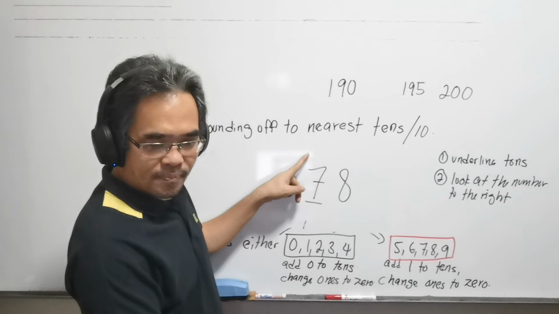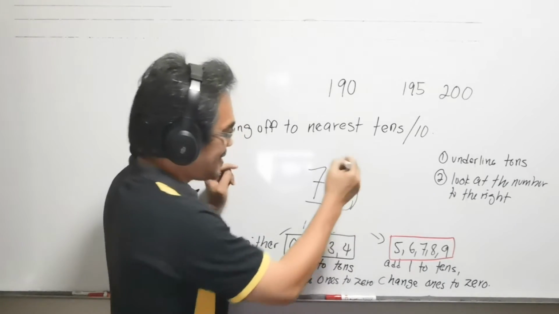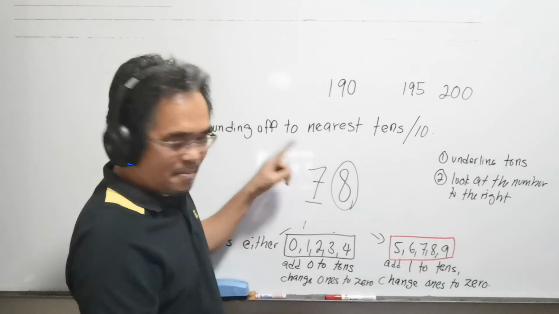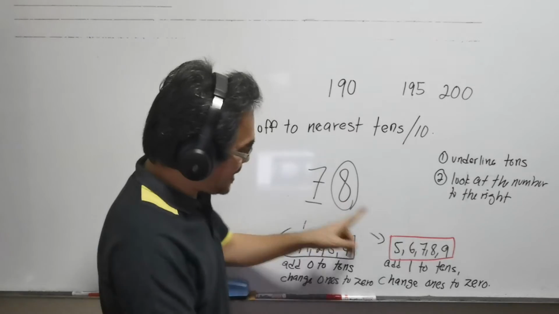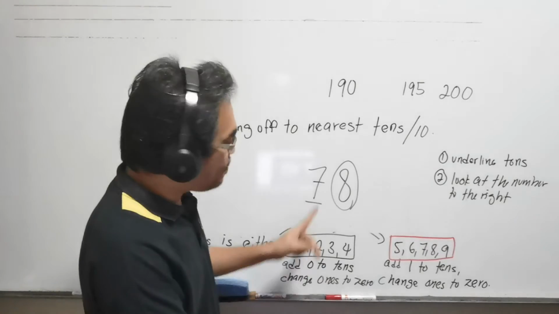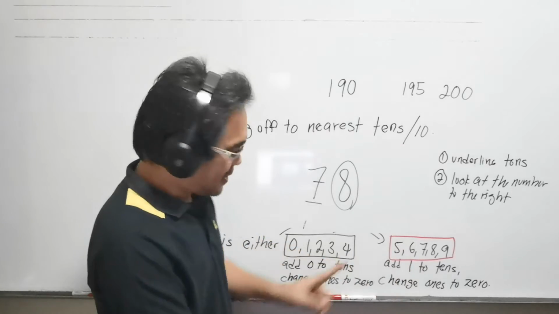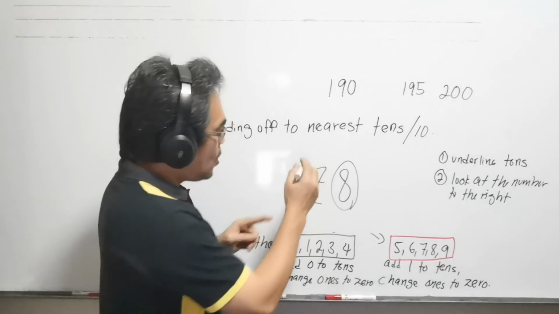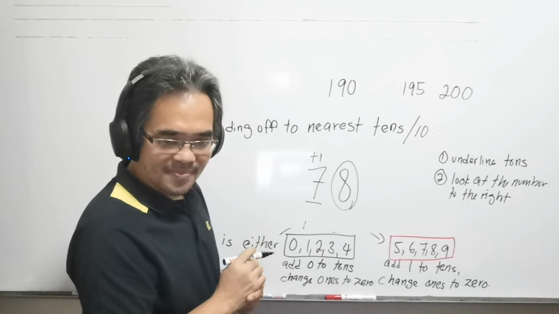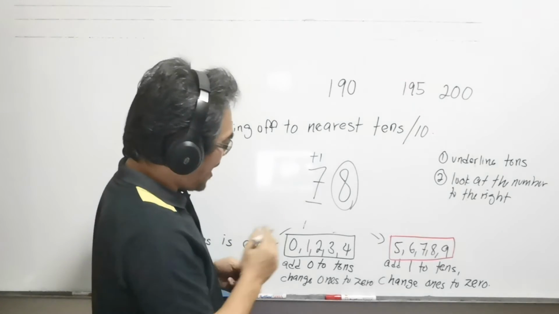How do we know that? Look at this number. We want to check if the number is in the black, we do not have to put plus 1 here. If the number is in the red, we have to, so we plus 1 here. Yes, correct.